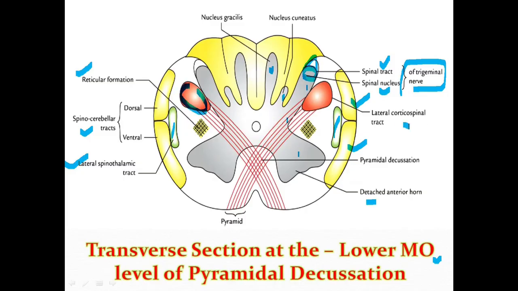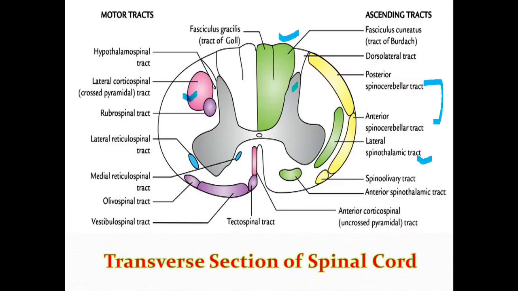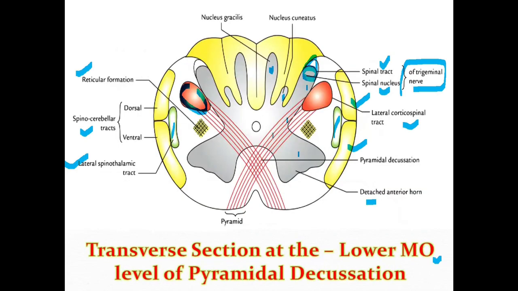I'm going to call it the lateral corticospinal tract, which descends down, and as mentioned, once we go back to the previous slide at this level, the lateral corticospinal tract consists of crossed fibers. Try to check it over here. The fibers are crossing towards the opposite side. So the level of crossing takes place at the lower part of the medulla oblongata, and we name it the pyramidal decussation, which is the key important comparison.